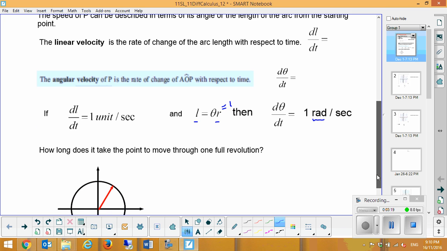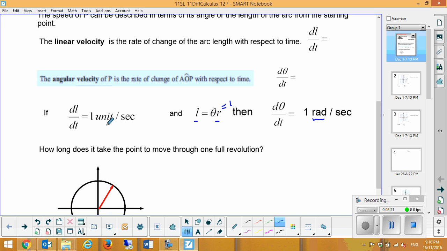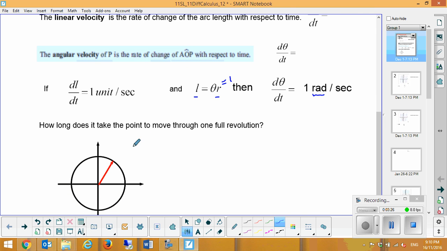So let's say our point is going round at that speed of 1 unit per second or 1 radian per second. How long will it take for the point to go through 1 full revolution? If it does 1 unit every second, there's our 1 unit, because our unit circle has a radius of 1, and this theta is our 1 radian. Remember we use the little c for the notation.